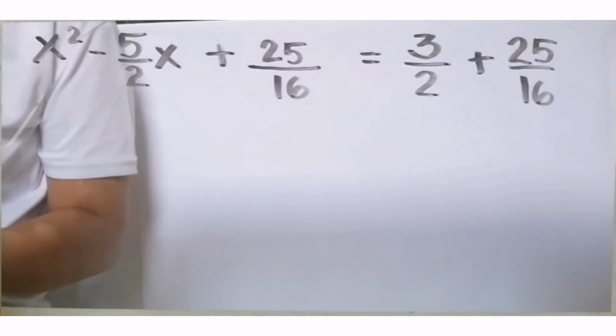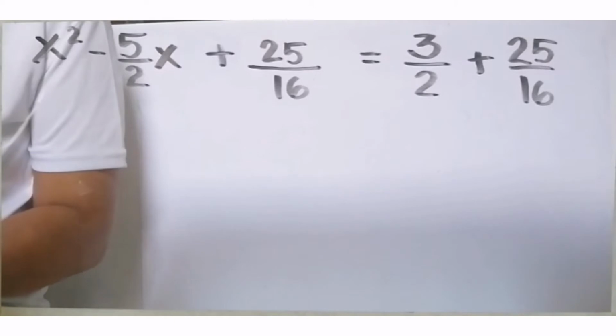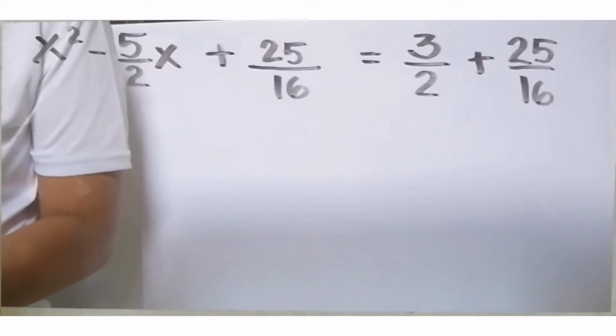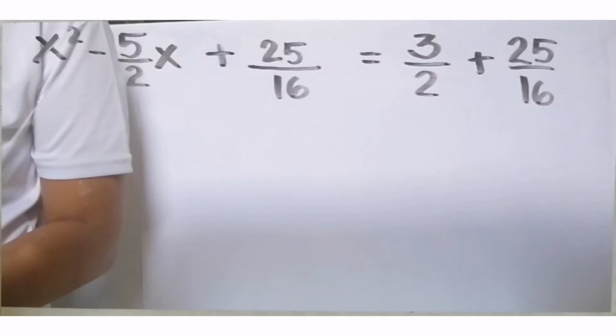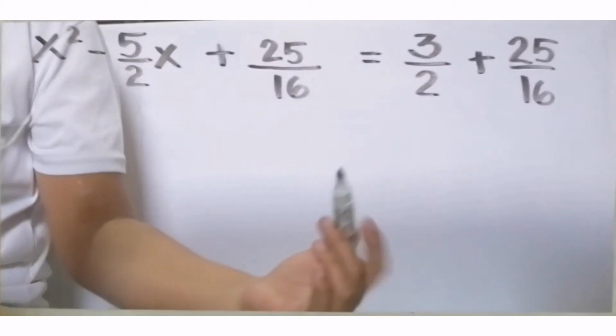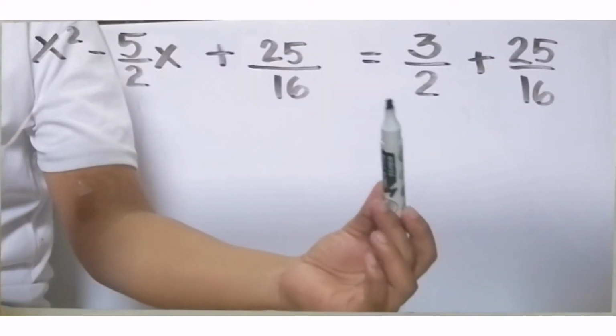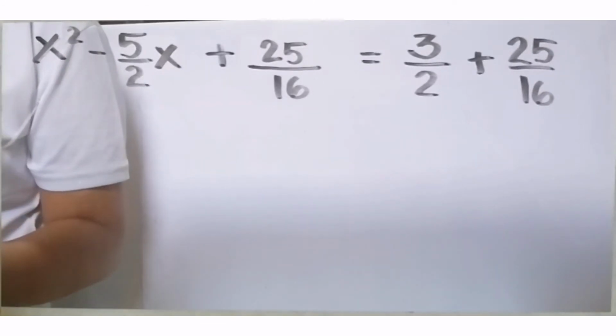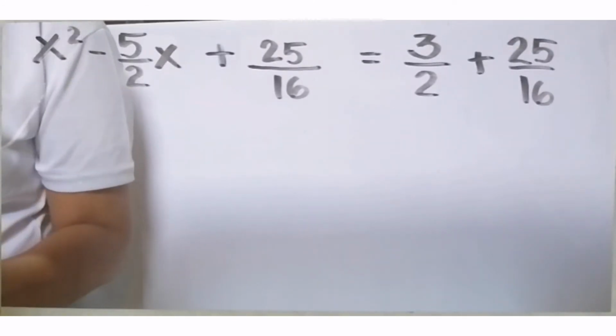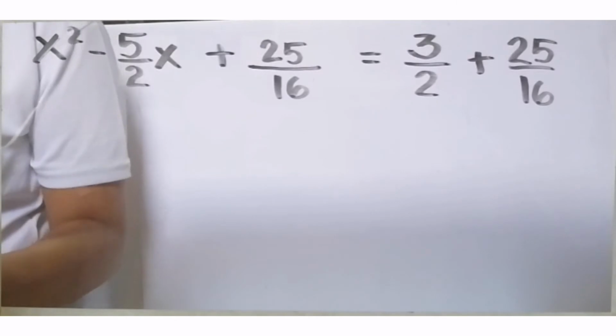Okay, so ngayon, kunin na natin yung factors ng ating x squared minus 5 halves x plus 25 over 16. Then, apply natin yung addition of fractions sa right side of the equation, which is 3 halves plus 25 over 16.